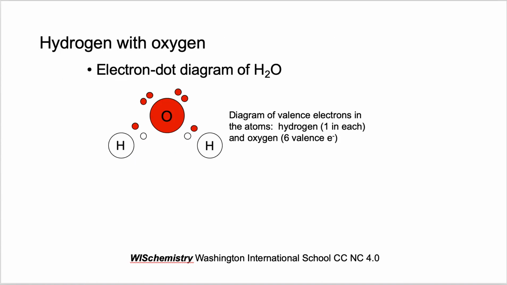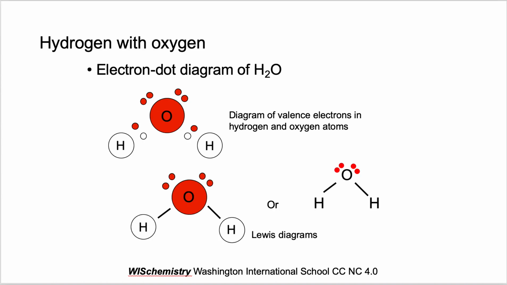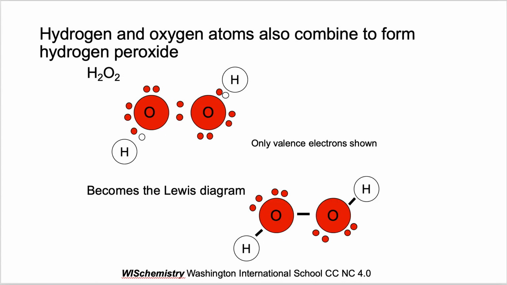And here's its structure that you see here, and then drawn with the actual line representing the shared pair in the covalent bond, or here just with letters, but still showing the lone pairs of electrons which have an effect on the shape of the molecule, which we'll discover later.